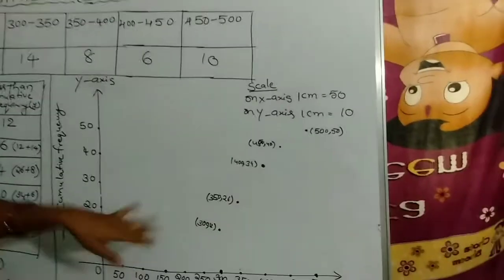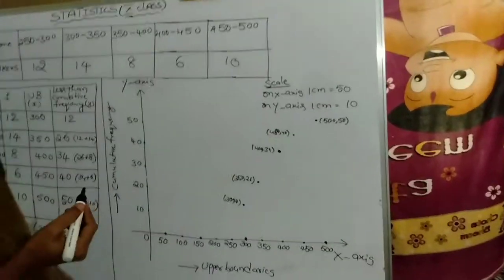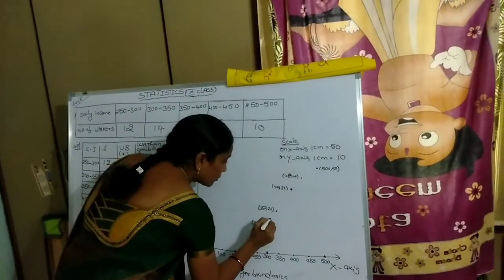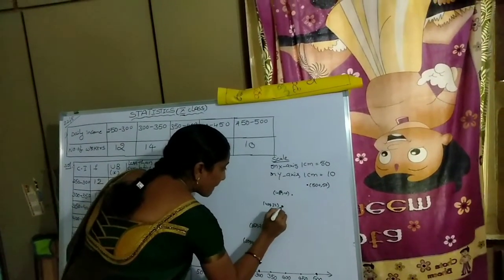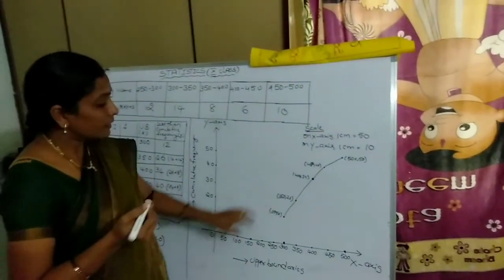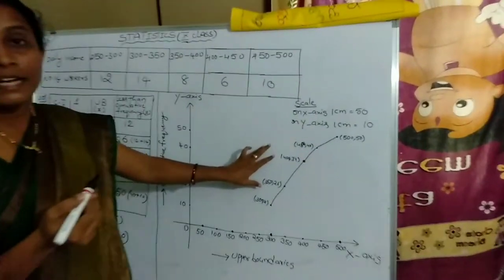Now we can draw a smooth freehand curve like this on the graph paper. This curve is an elongated S type.